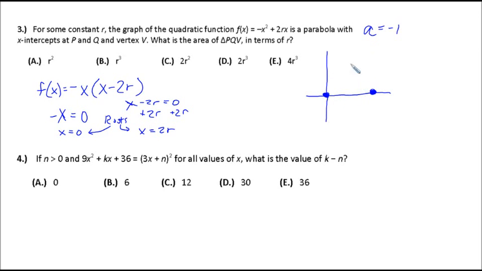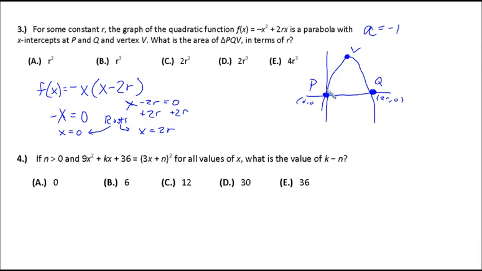Between the two roots is your vertex, and we don't know the value exactly. We can draw a sketch, and we know it opens downwards. So this is what your parabola looks like. That's the best I can do. This would be P, Q, and the vertex called V.